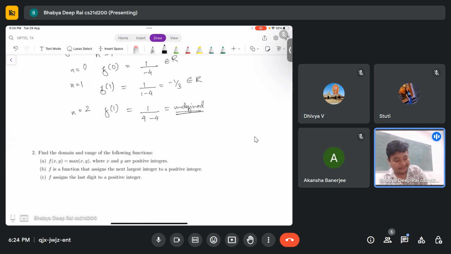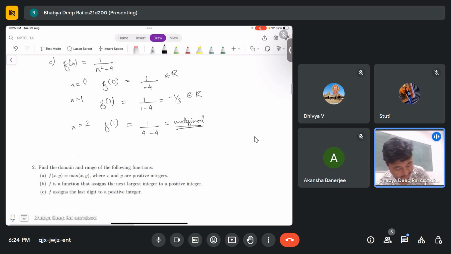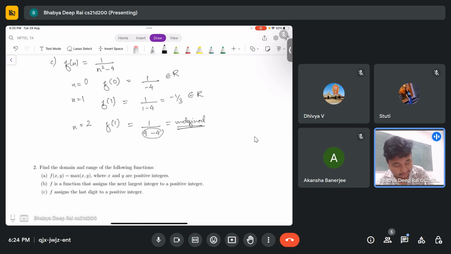So yes, this is not a function. But if we ignore this case, then we can say that anything greater than or equal to 3, we are fine with it. If that was given to us, then we would have said this is a function. But it fails in this case. So through the set theoretic definition, this is not a function.